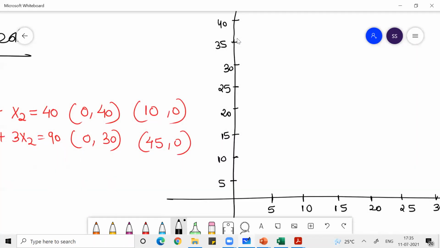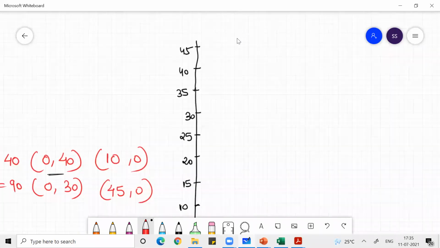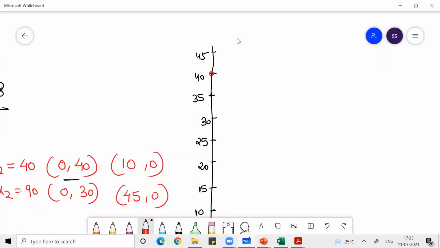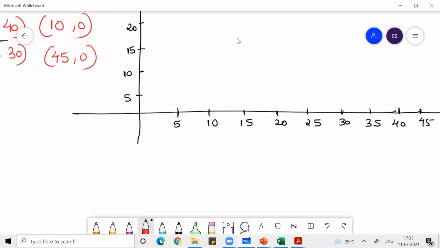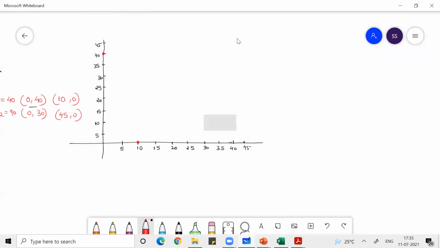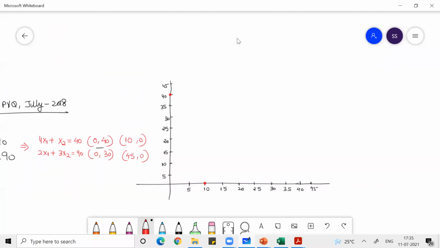So you see, this is 0 comma 40. 0 comma 40 means x1 is 0, x2 is 40. I hope you understood. And then the next one is 10 comma 0. The first one was 0 comma 40, and then it is 10 comma 0.